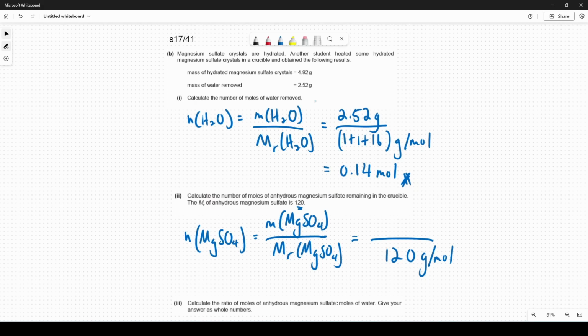So that's 4.92 minus 2.52 grams. Using a calculator, we get 4.92 minus 2.52 divided by 120, and this gives us 0.02 moles.